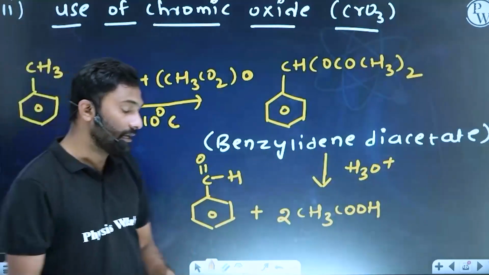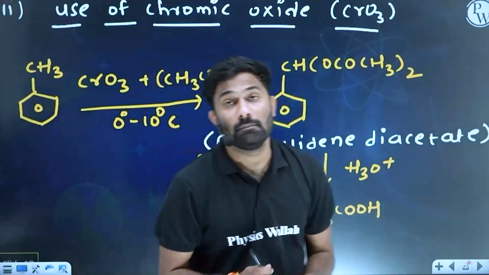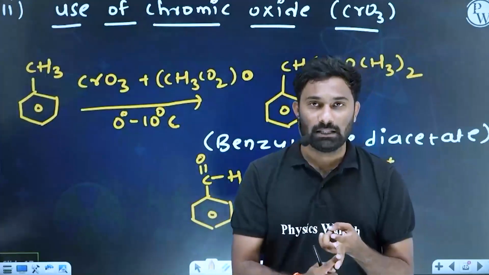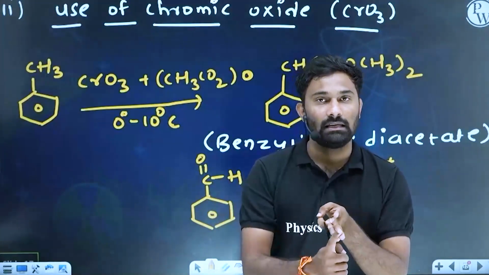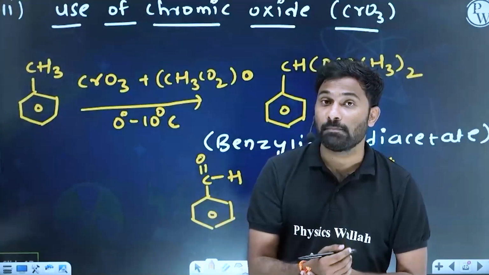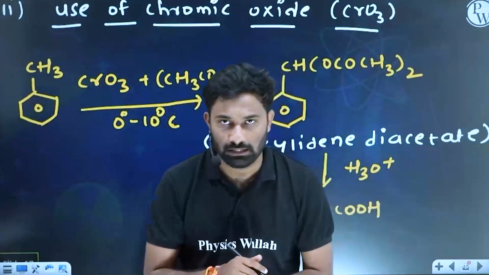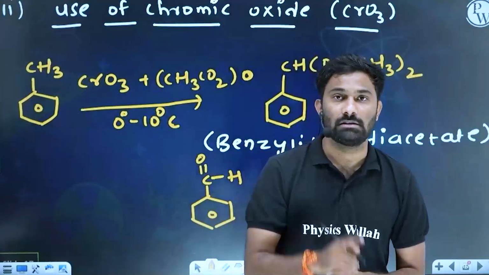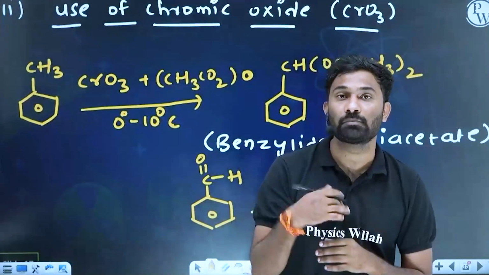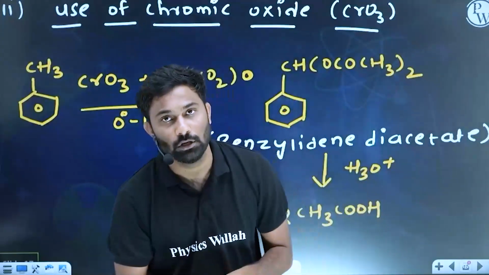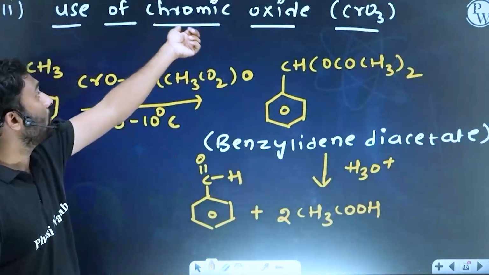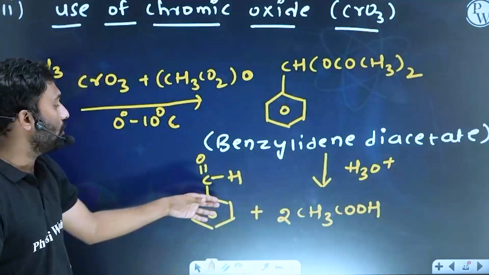Now in the match the following, sometimes in JEE Mains, NEET and KCET, ಏನು ಕೇಳುತ್ತೆ ಅಂದ್ರೆ, benzaldehyde can be prepared from... In the match the following they may ask: toluene upon Etard reaction, toluene upon chromic oxide, now what product will it give?